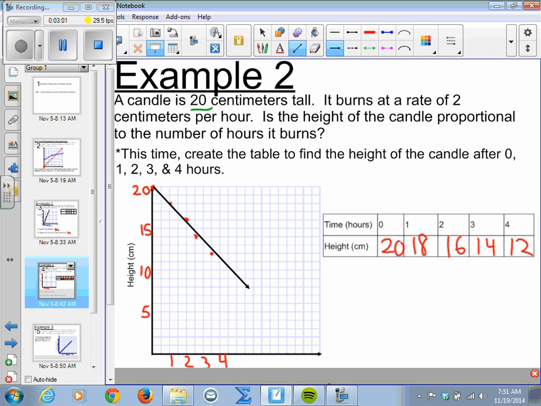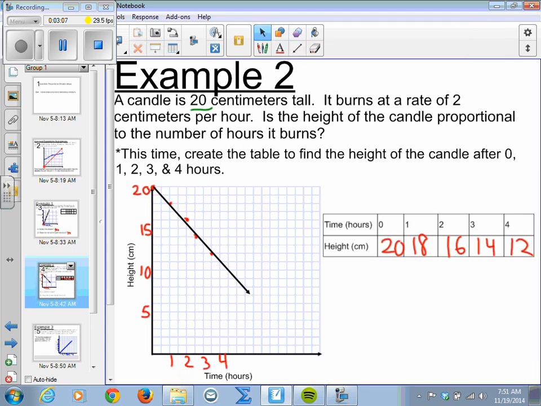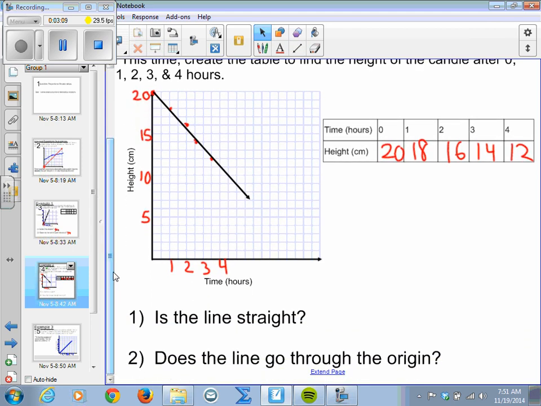Slightly off, I was a little bit off on how I drew this. However, it's going to work out fine here because we've got our two questions to answer. Despite my dots being a little bit off, this is a straight line. But it definitely does not go through the origin. Therefore, this is not a proportional relationship.